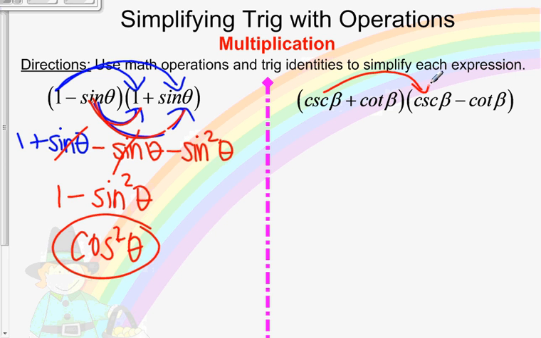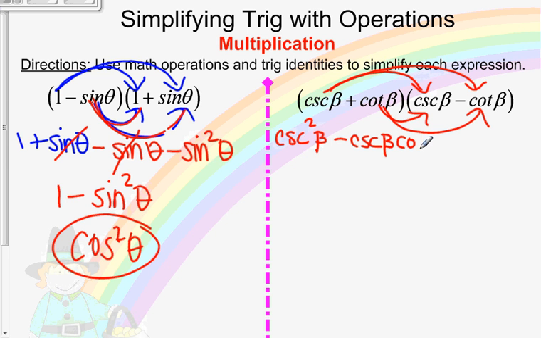So we're going to give cosecant to both, and we're going to give cotangent to both here. So we're going to have cosecant squared of beta, and then cosecant times a negative cotangent. So we're going to have negative cosecant beta cotangent beta.